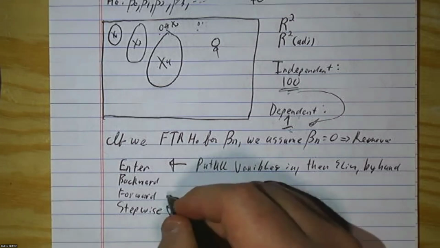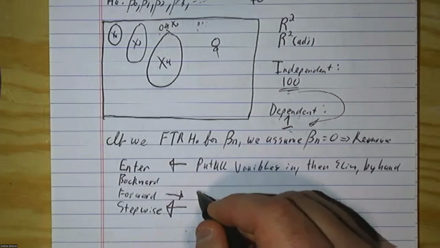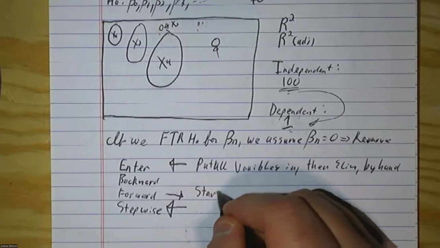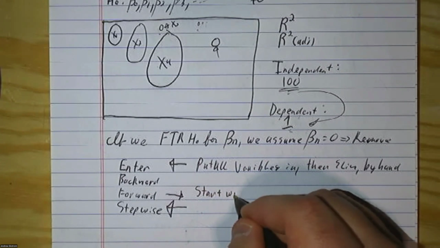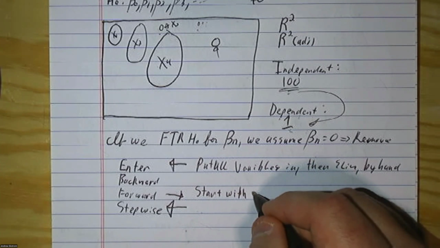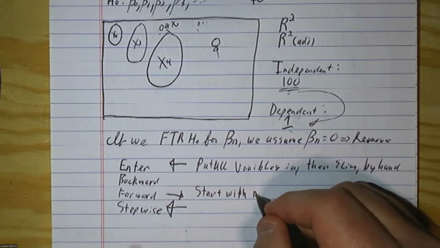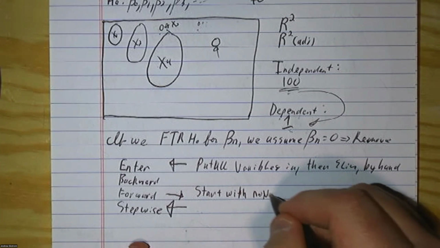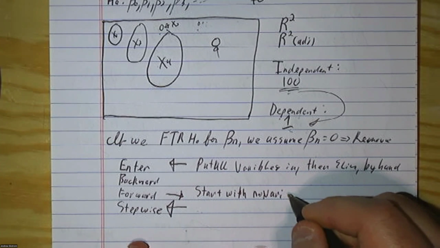With forward, basically, you start with no terms or no variables.